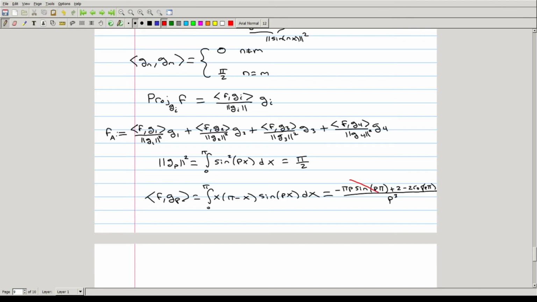And sine of p pi is always 0 for any value of p. Furthermore, cosine of p pi is negative 1 to the p. So this inner product is always going to be 2 times 1 minus negative 1 to the p over p cubed. And this would be a good integral to practice, going through and practicing your integration by parts from Calculus 2.